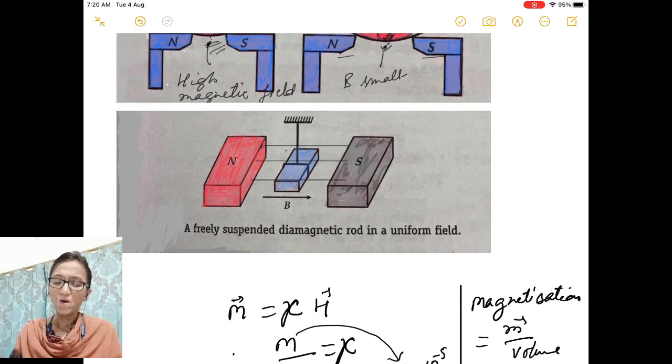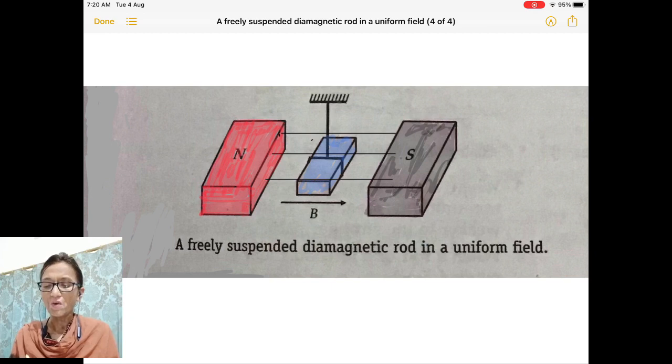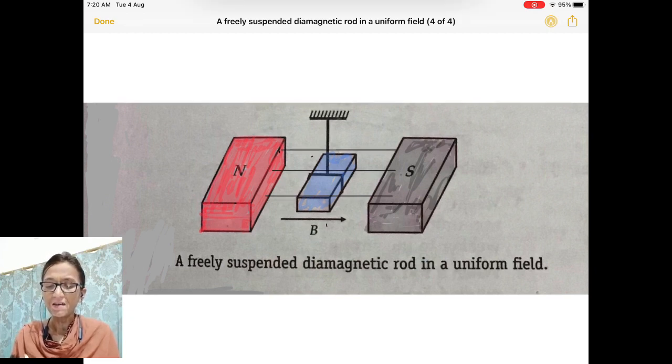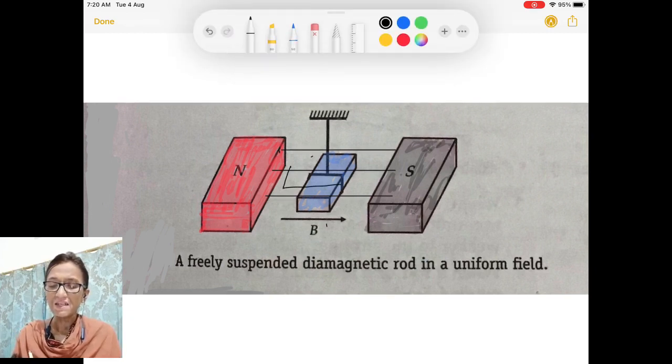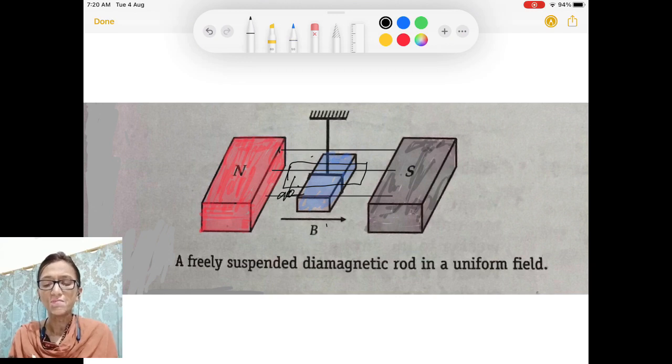Here is one more diagram. You have a diamagnetic material which has left this position in which the magnetic field is highest, and it is shifted along a perpendicular direction in which magnetic field lines are minimum through this substance, through its poles, two ends.